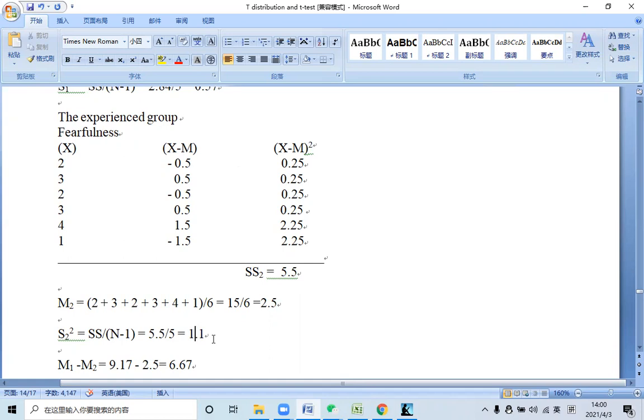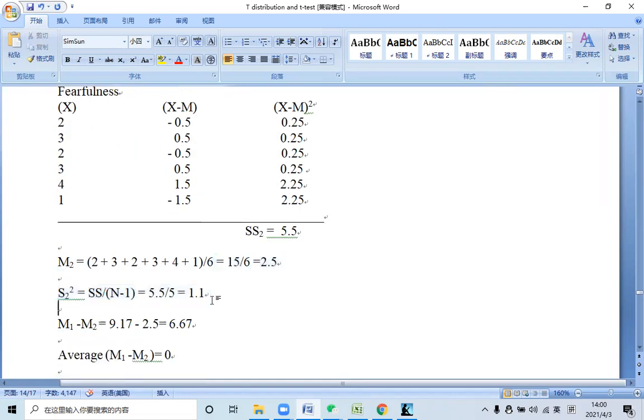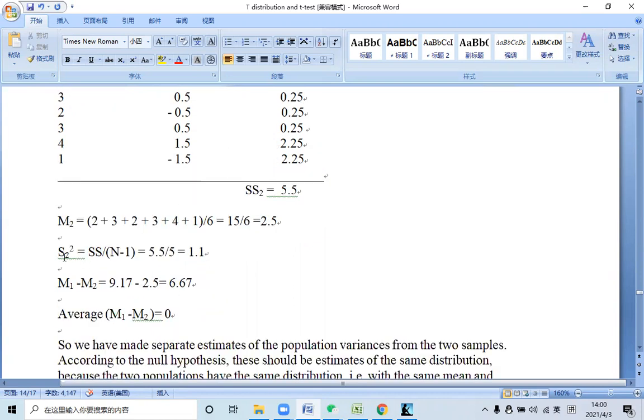Then you get the variance from group 2. And you take a difference. The first group is way more fearful than the second group. The difference between 9.17 and 2.50 is pretty big, 6.67.